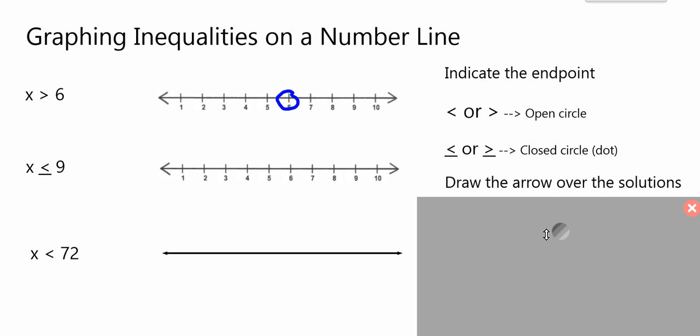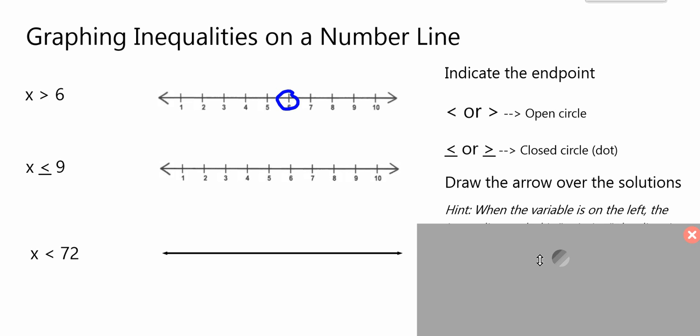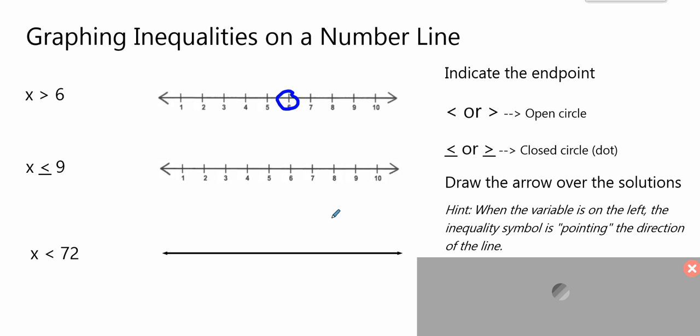We're going to draw that arrow over the solutions to indicate that everything the arrow goes over will make that a true statement. And here's a little hint. When we have the variable on the left-hand side like we do, the inequality symbol is pointing in the direction of the arrow. This greater than symbol is pointing to the right. If you were to view it as an arrowhead, it would be going this direction.